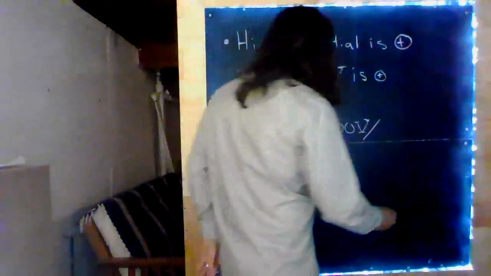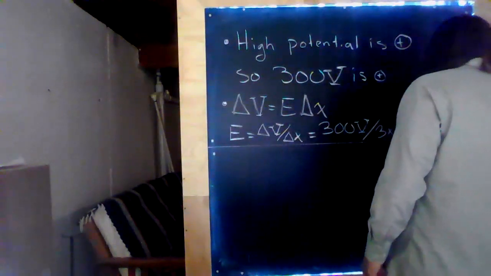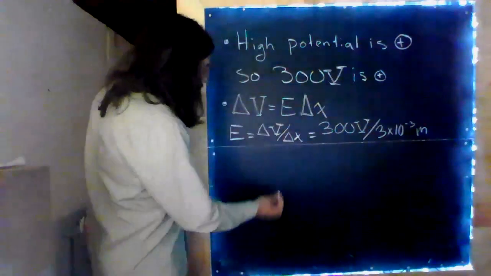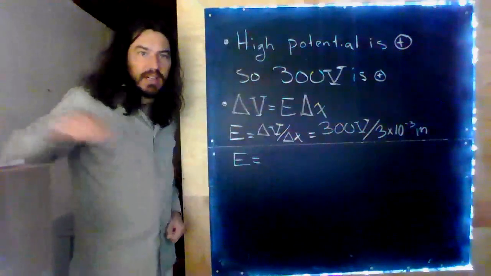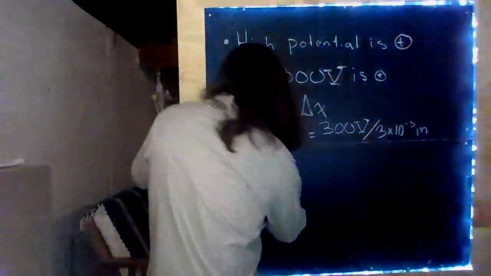divided by 3 millimeters, or 3 times 10 to the negative third meters. And so when we run our calculator, then we get a value of 100,000 volts per meter.